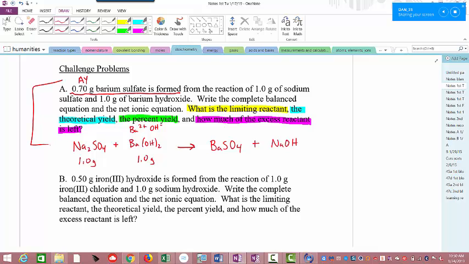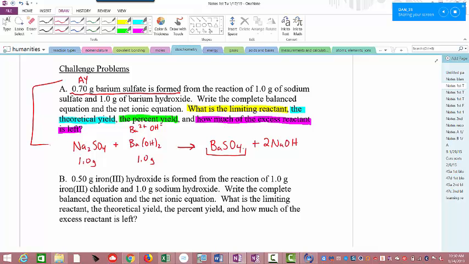What do you need to balance this equation? You need a 2 in front of sodium hydroxide. Now this right here, this is the product you care about. The sodium hydroxide, you don't care about, but you needed it to make sure what all the other coefficients were. Okay, so you have your balanced equation.